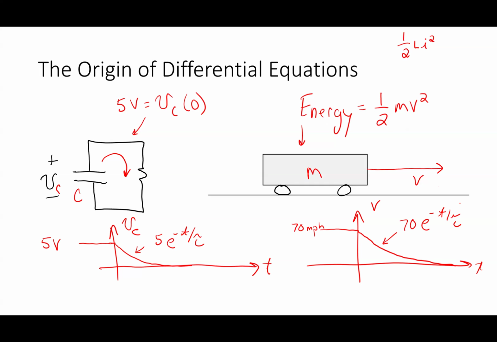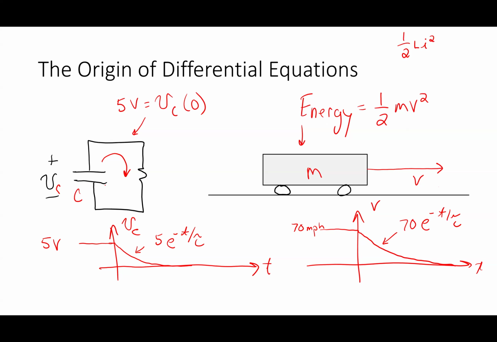So any system where I've got energy storage, whether it's a mass, a capacitor, or an inductor, whatever it is, I'm going to get these sorts of exponential behaviors. What it represents is the fact that I cannot change the energy in an energy storage element in 0 time. It takes time for it to evolve from wherever it starts.